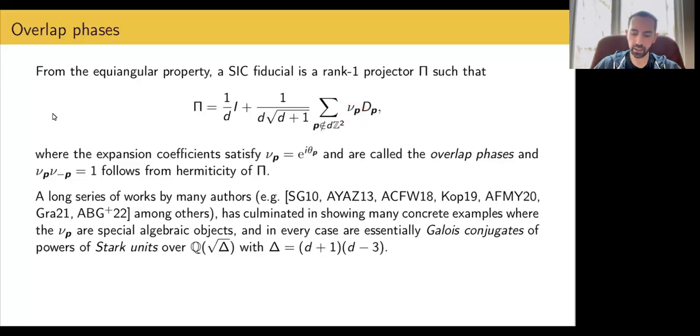And it culminated in showing that in every case that people had studied, these objects were Galois conjugates of Stark units over the rational field adjoined with some specific square root. Okay, so I'll unpack all this if you're not a number theorist. So in d dimensions, this number delta has some specific form, and I append the square root of delta to the rational numbers. That gives me like a two-dimensional vector space over the rationals.